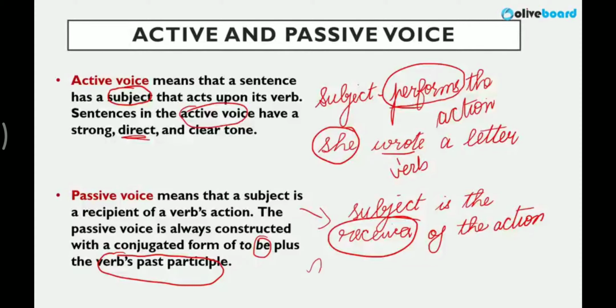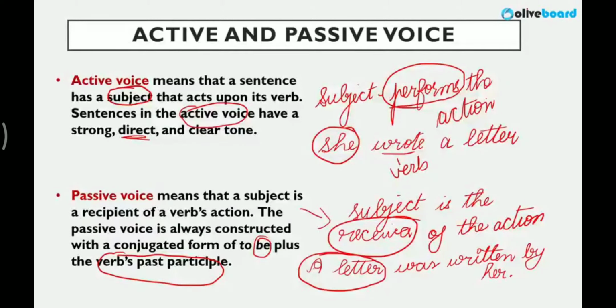For example, a letter was written by her, right? Here the focus is not at all on the doer of the action. Instead, the emphasizing point is the letter. What was written? Letter, right? So this is the major difference between active and passive voice.